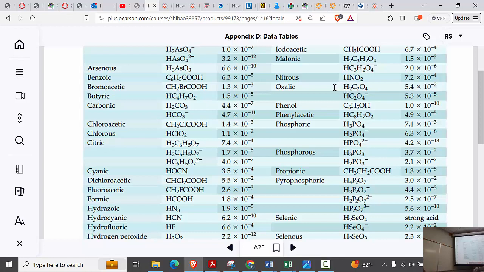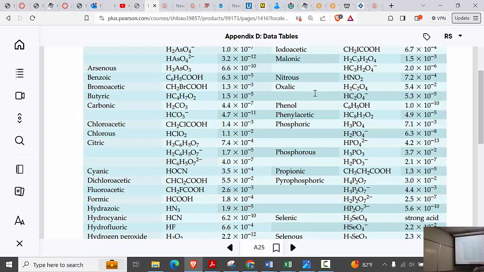The one negative about oxalic acid is, unlike a lot of these other acids, like citric acid, which is generally regarded as safe. Lots of people eat lots of citric acid, and there's usually no problem with that. Or carbonic acid, no problem with that. Malonic acid is used in cosmetics and that kind of stuff.